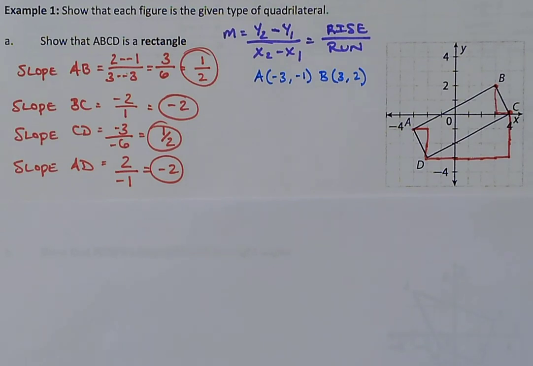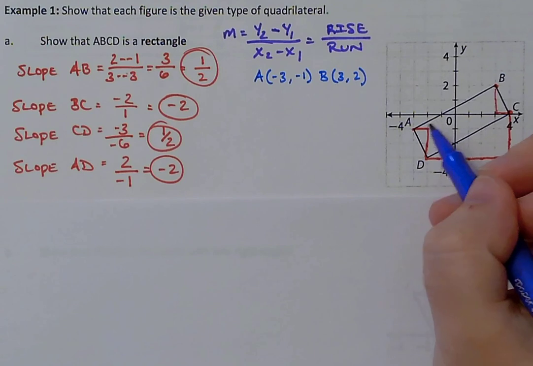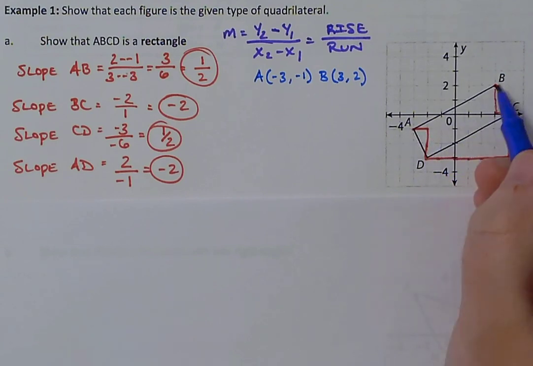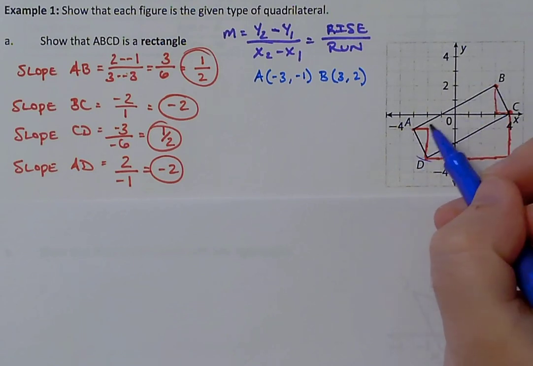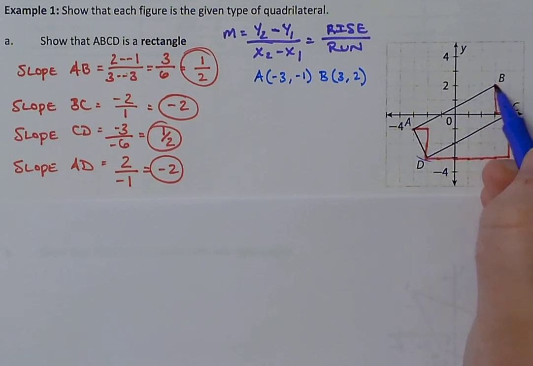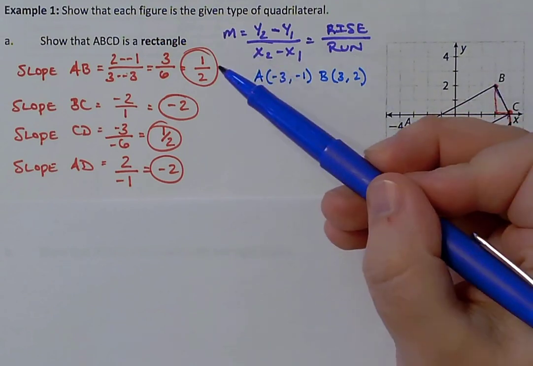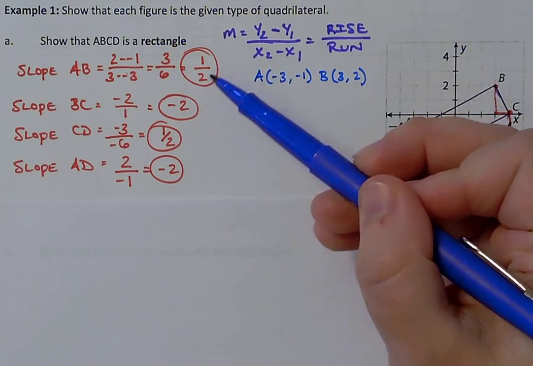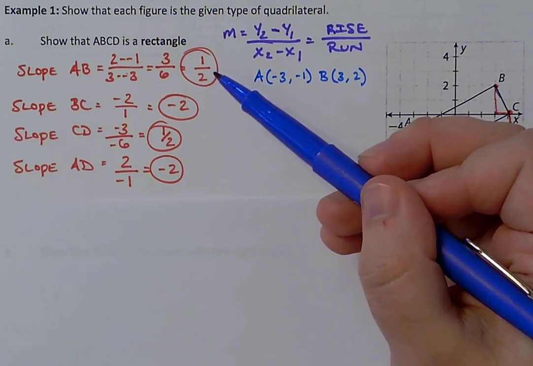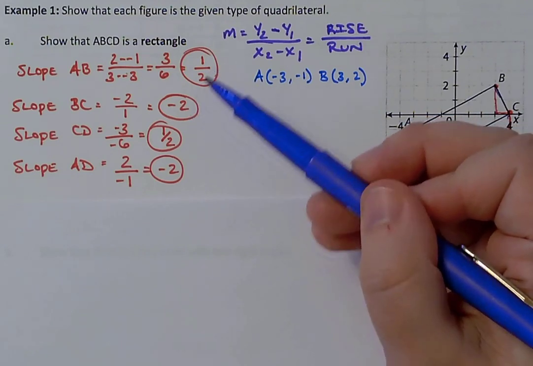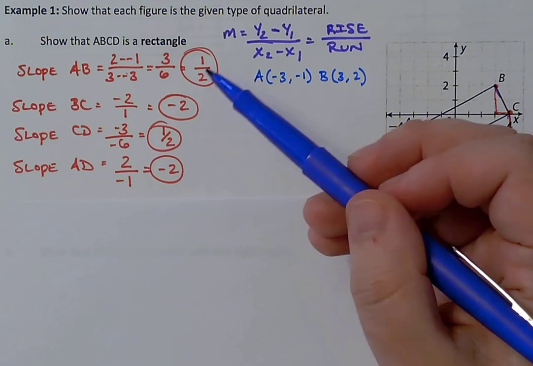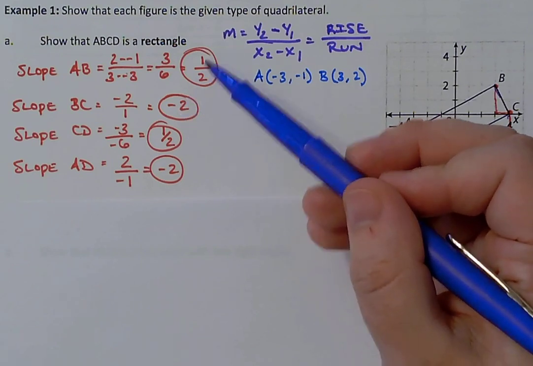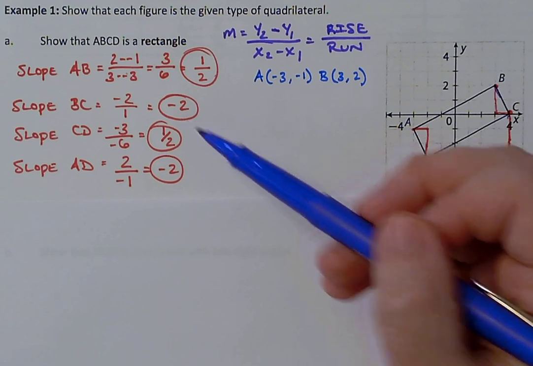So, first ones that we need to consider. Again, we need to have a right angle in all 4 corners, so we need to look at all 4 sets of sides. So for AB and BC, are AB and BC opposite reciprocals? Are 1/2 and -2 opposite reciprocals? They are, because positive to negative, and then 1/2 to 2 over 1.